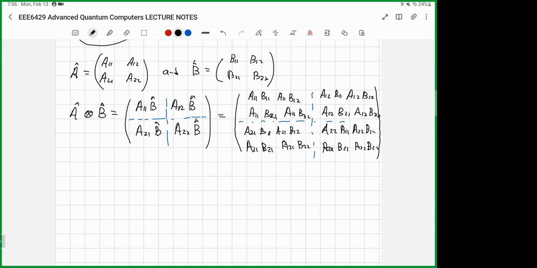As you can see, for example, this element is nothing but A21 times the matrix B. That's it.